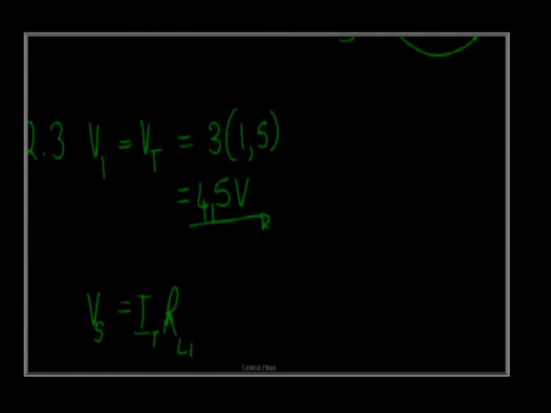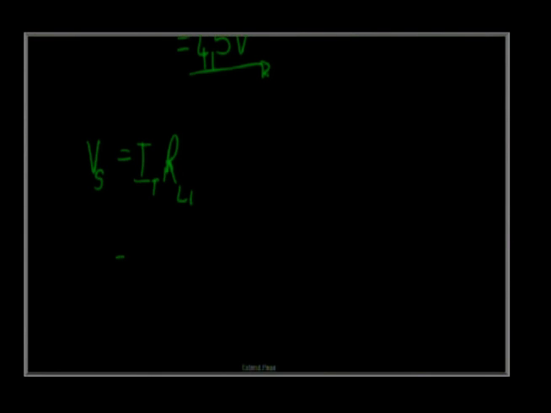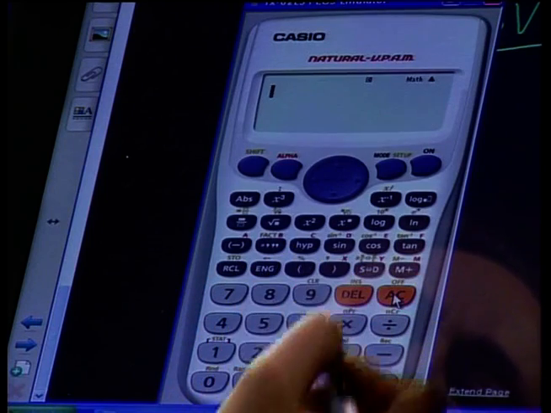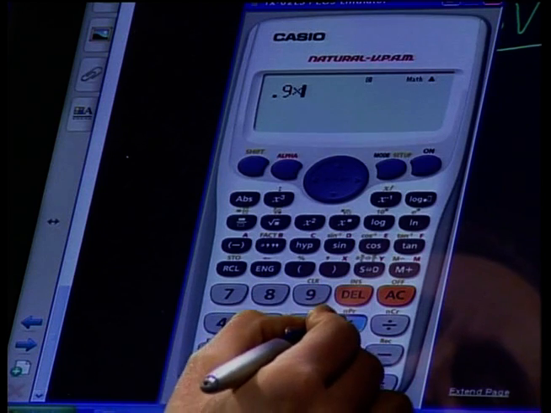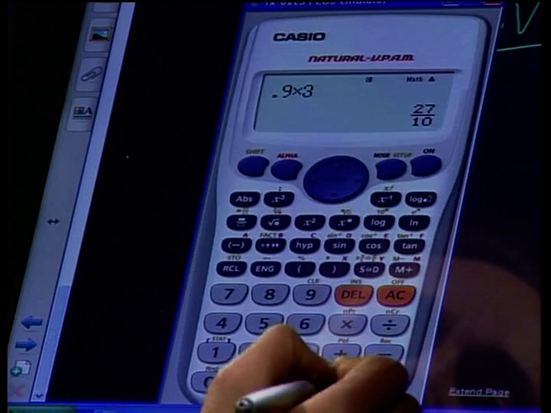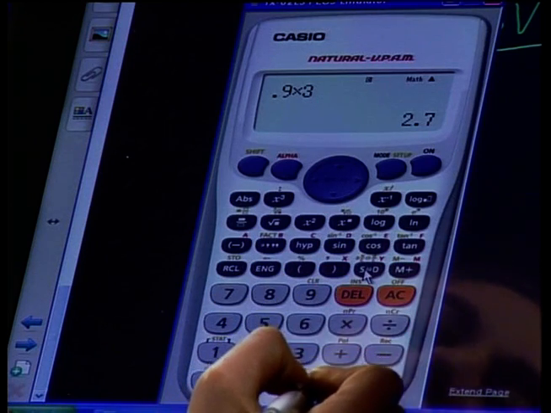Let's write it neatly so you guys can see. For light bulb number 1, the current in the entire circuit we just calculated to be 0,9 ampere. The resistance is 3 ohm. 0,9 times 3, put that in our calculator. 0.9 multiplied by 3 is going to give us 2,7.